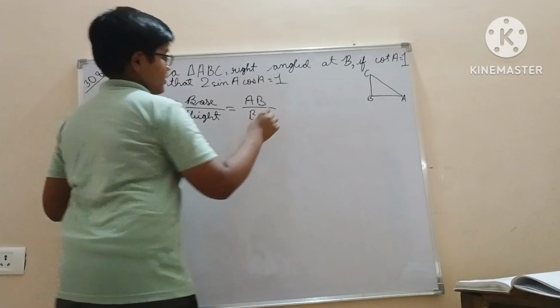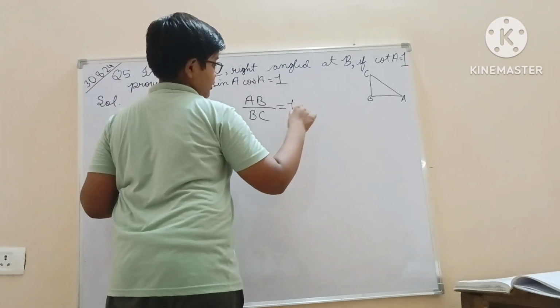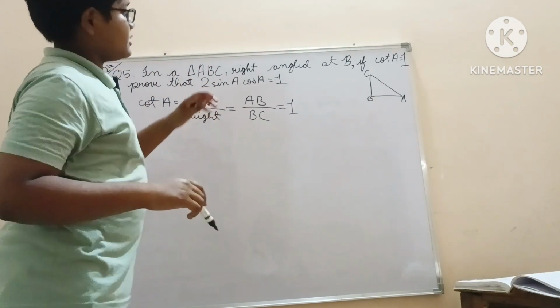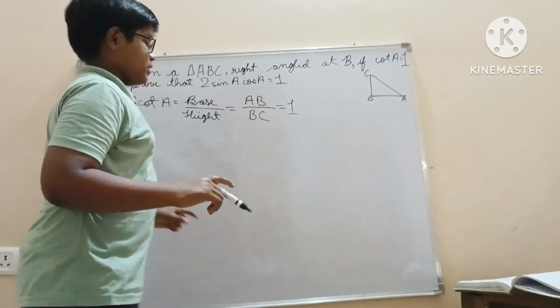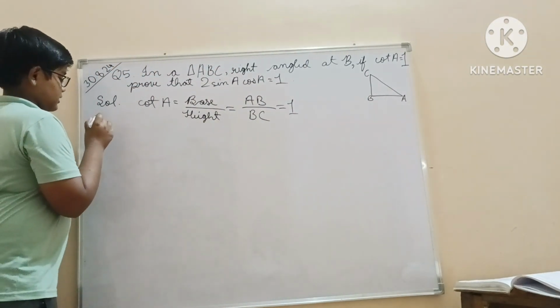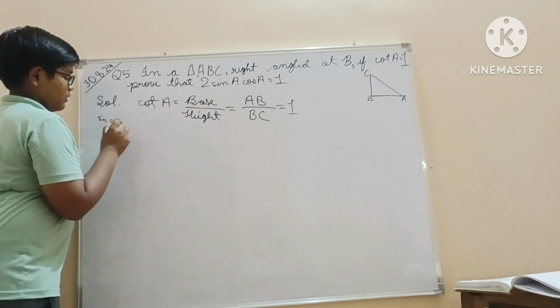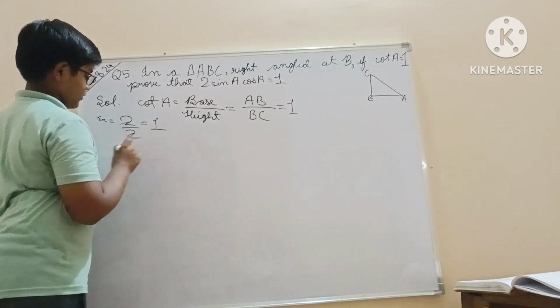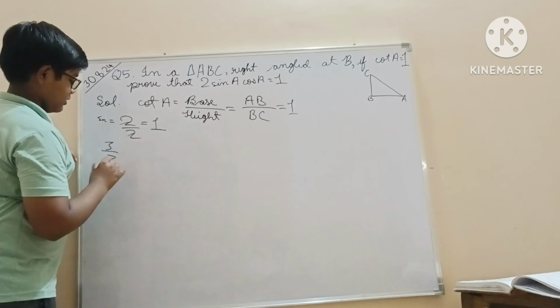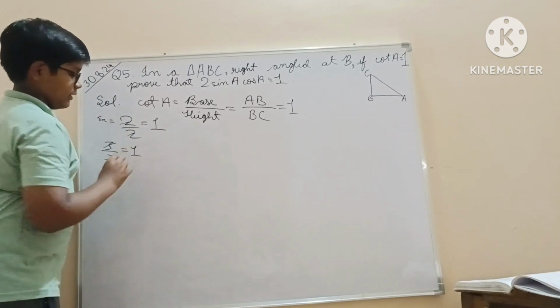Now, if any fraction's value is 1, because it states that cot A is equal to 1, let's take an example of 2 by 2. This value will become 1 after dividing. 3 by 3, its value will become 1 after dividing.